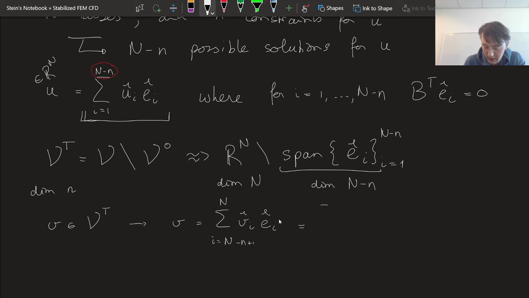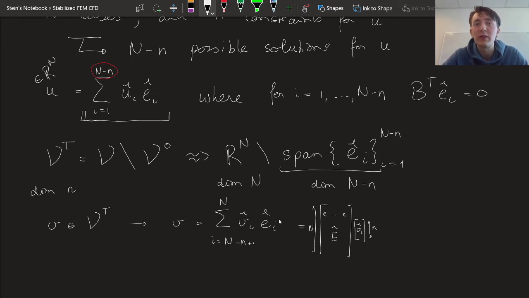So we have n bases e to e, and we'll call this matrix E hat. And I'm multiplying this by only n coefficients, small n, which are the v_i's here. So any function that does not satisfy the constraints can be written by that matrix multiplication.